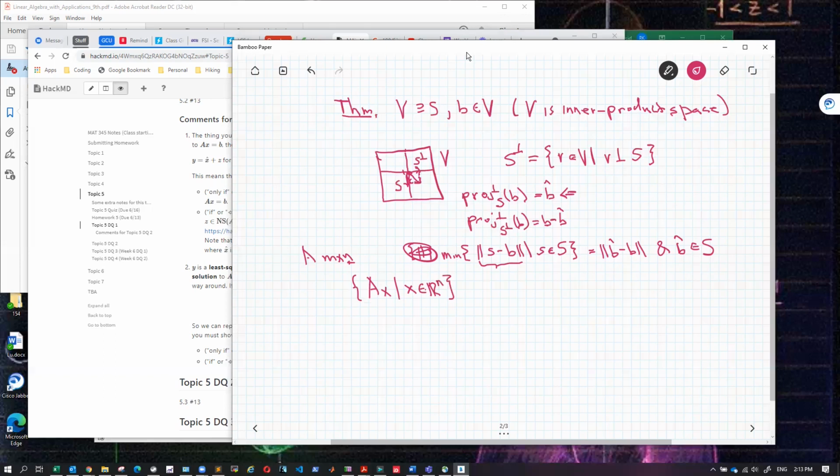This is the same thing we might call the range of A, and that's the same thing as the column space of A. These are just words for the same thing. So in our picture, we had Rn, and our little bit here is the range of A.